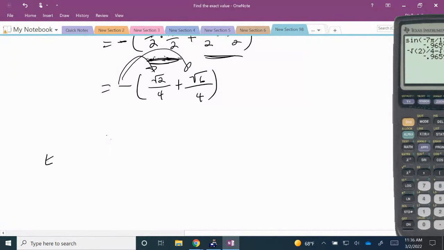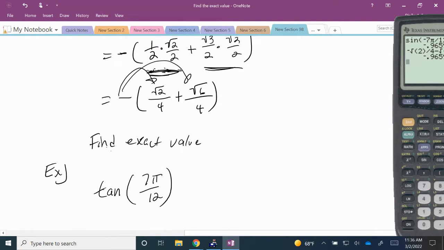All right, so here is the example. We're going to find the exact value for the tangent of 7 pi over 12.